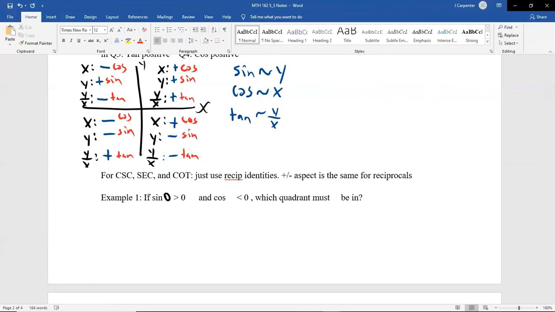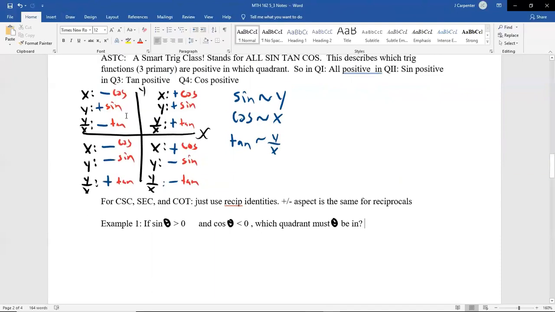So if the sine of your angle is positive and the cosine of your angle is negative, which quadrant must the angle be in? So we're going to learn how to tell this. Now you have to be given two conditions. You cannot tell the quadrant just based on one, because if I just tell you sine's positive, well, sine's positive in quadrant 2 and in quadrant 1. So you could not tell me which quadrant it would have to be in. You could say it's in 1 or 2, but I'm not sure.